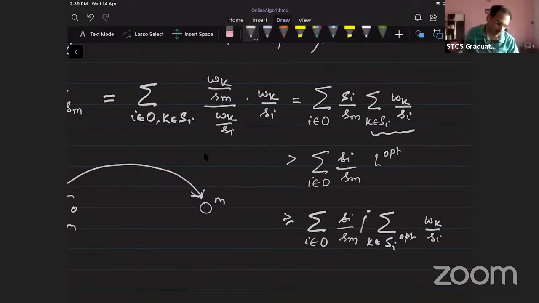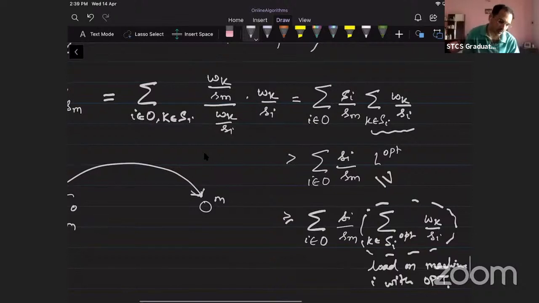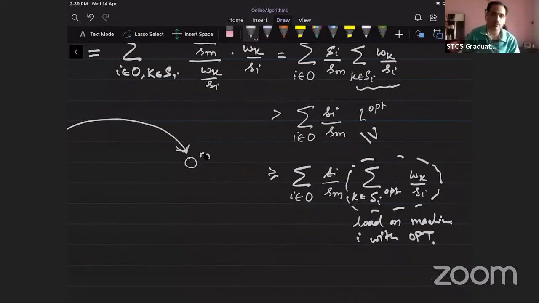This quantity is nothing but the load assigned by the OPT on the ith machine. By definition, LOPT must be at least as much as this. Whatever OPT assigns to any machine, the optimal load cannot be less than that load. And this is just the load on machine i with OPT, so that is clearly smaller than LOPT.